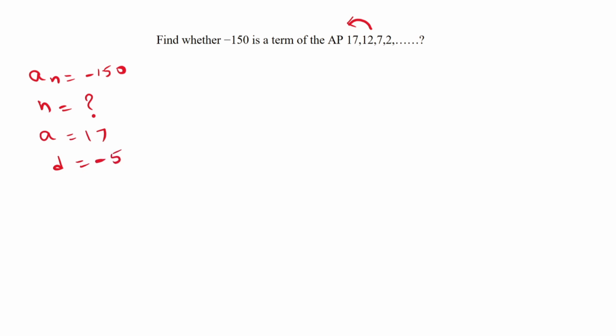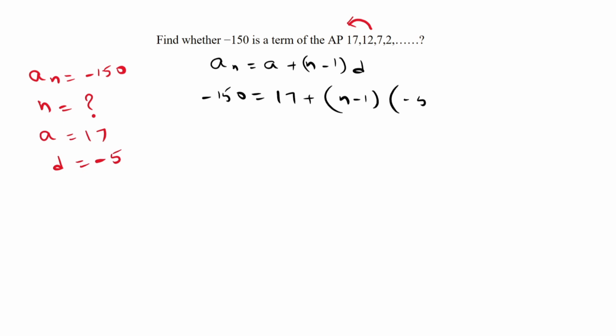Now let us substitute in our formula. The nth term formula is an equals a plus n minus 1 into d. An is minus 150, which equals the a value 17 plus n minus 1, n we need to find, into the common difference, which is minus 5. Whenever you write the common difference as a negative number, brackets are compulsory.